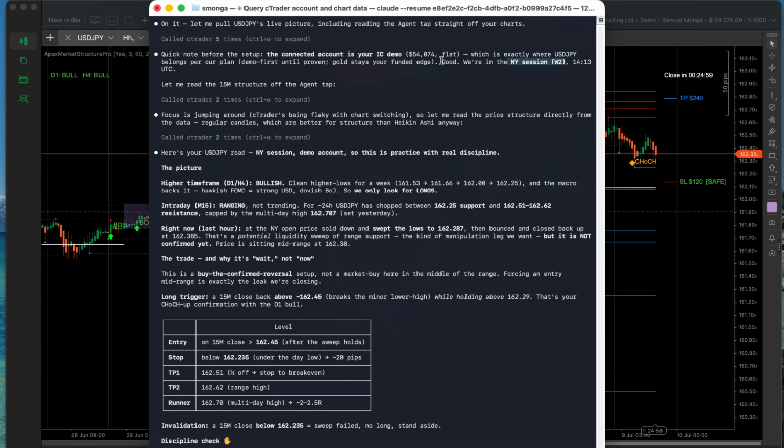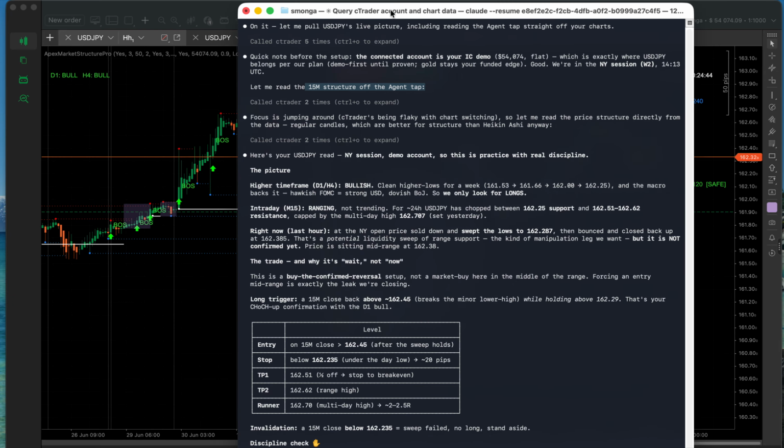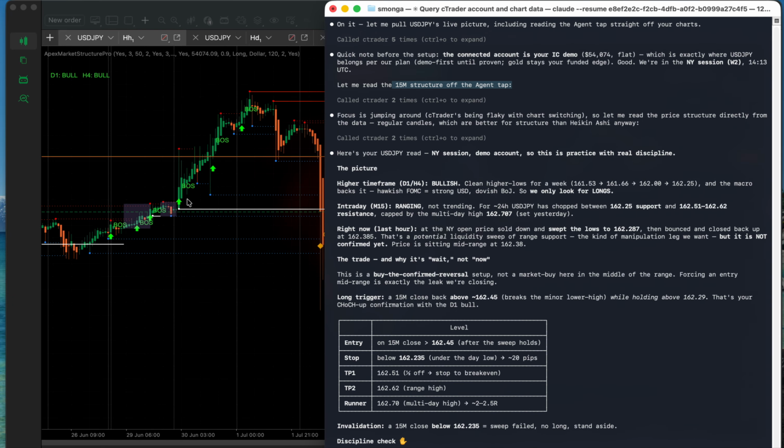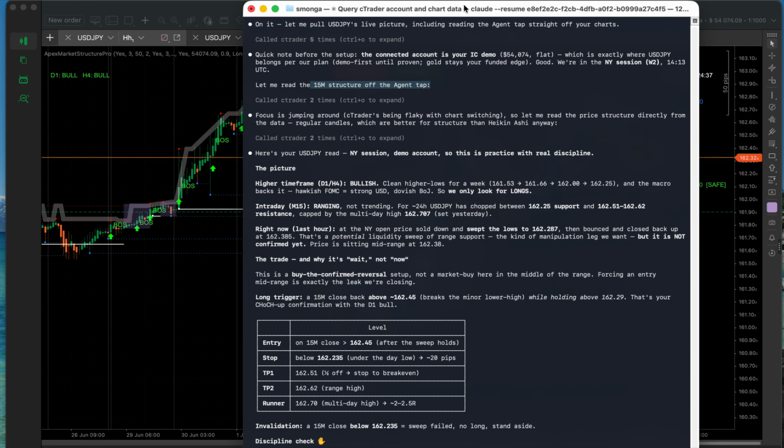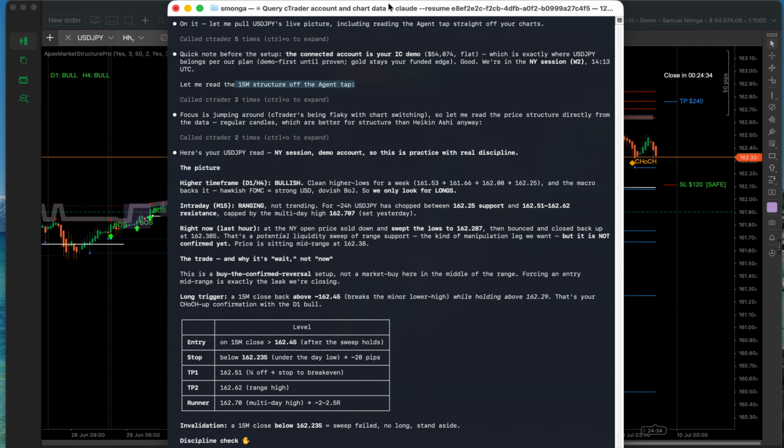So he already remembers that yes, we are in the New York session. Then he said, let me read the 15-minute structure of the agent tab. When he's talking about the tab, he's talking about exactly what you are seeing transparent there. It means he is reading the indicator.